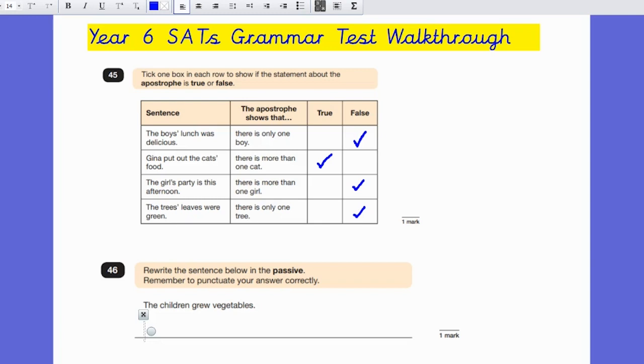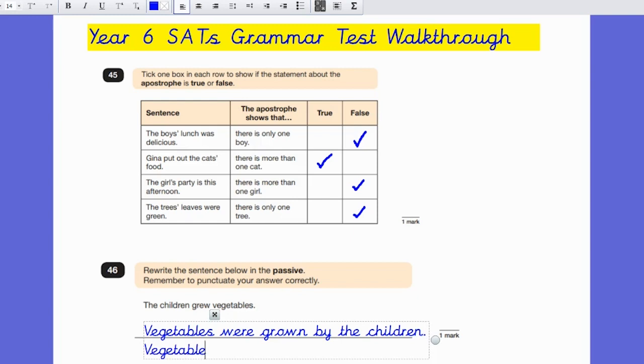So the options that the children could give for this one were: vegetables were grown by the children. Full stop. They could also say simply vegetables were grown. And again, they need to make sure, like I've said a few times before, capital letter and punctuation or full stop at the end of their sentence.